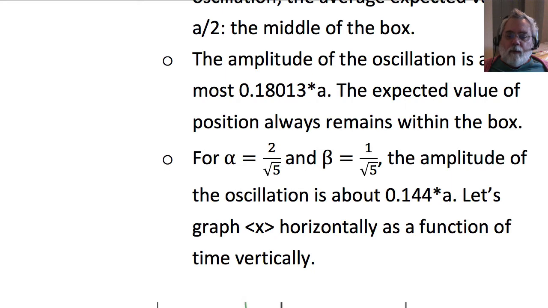Now let's graph the expected value of x horizontally as a function of time vertically. And to do that, we're going to choose particular values. Alpha is 2 over square root of 5 and beta is 1 over square root of 5.